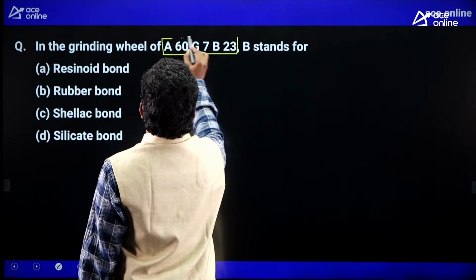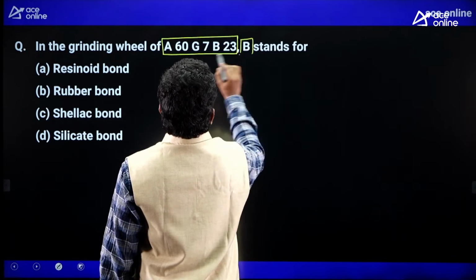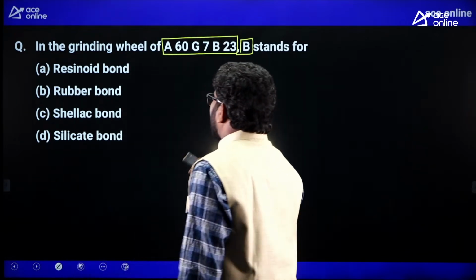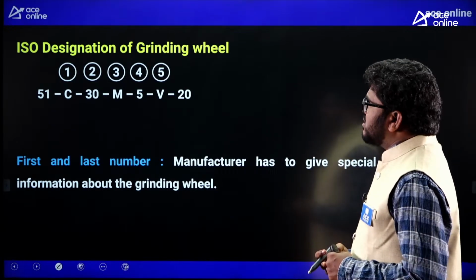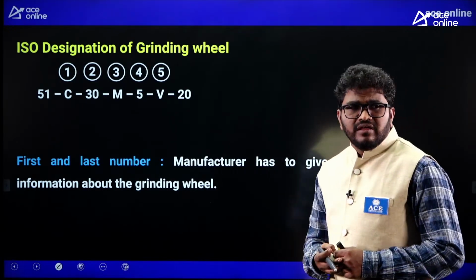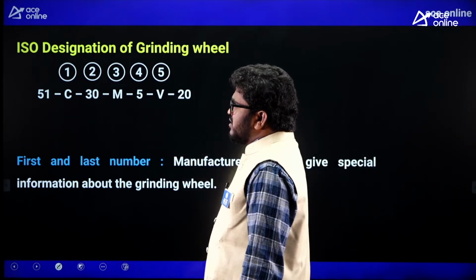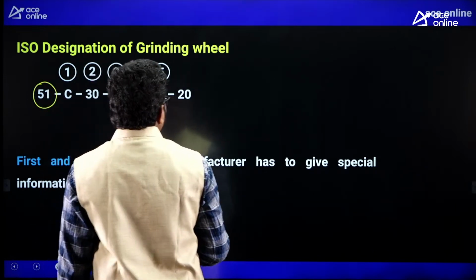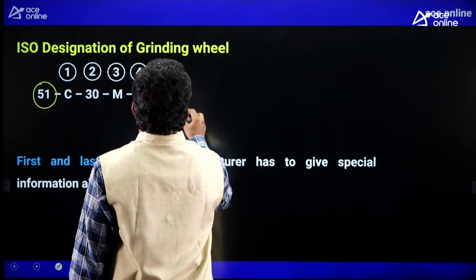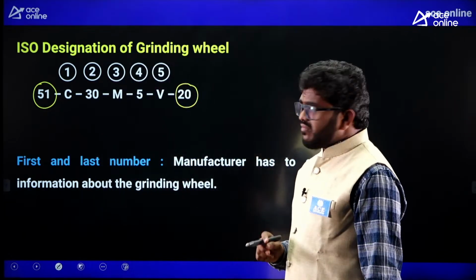First of all, I'll give you clarity about this. Let us consider an ISO designation of a grinding wheel. Here, the first and last will give you the information about the grinding wheel given by the manufacturer, so you need not remember that actually.